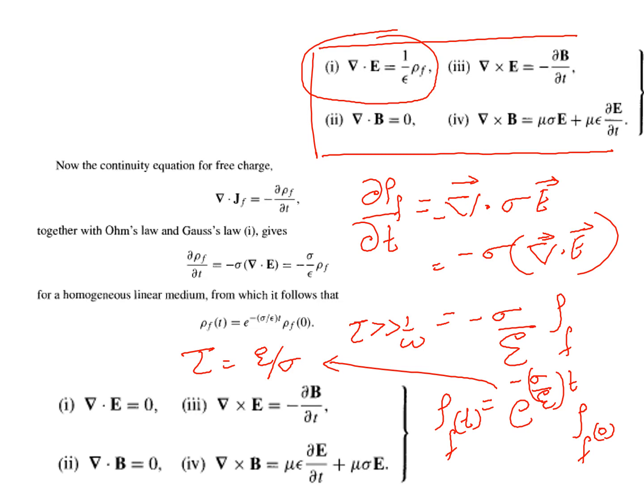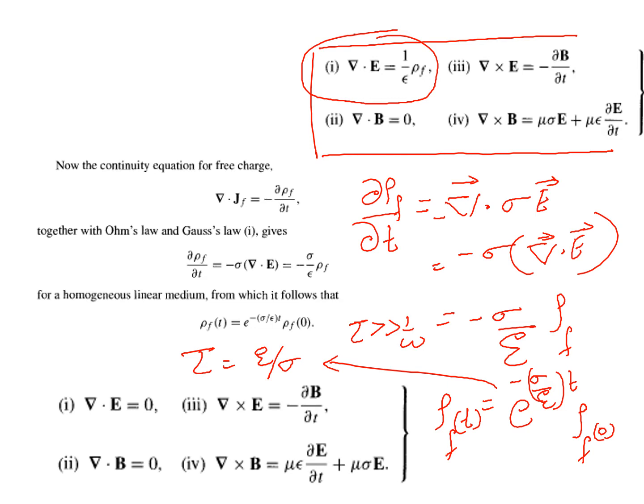So what is a perfect conductor, a good conductor, and an insulator? That can be classified based on this characteristic time or time constant tau, which is equal to epsilon divided by sigma. This shows that if you put some free charges on a conductor, they will flow out to the edges.